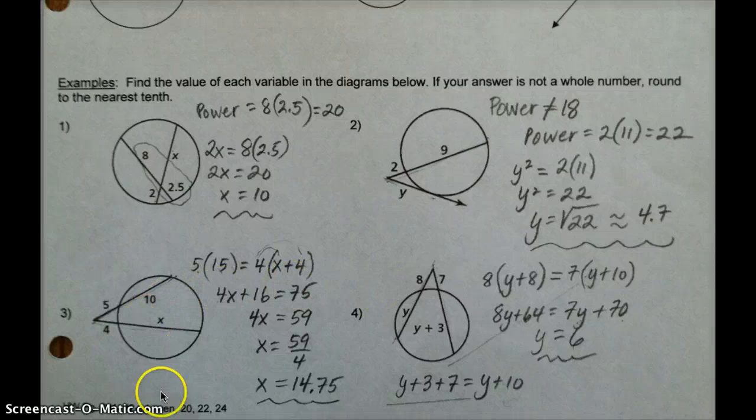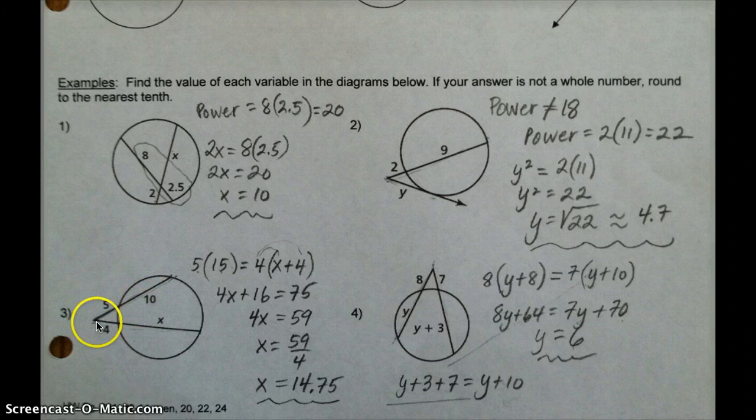Okay, now example 3 here, we're going to do 5 times, and then again we need to do this whole distance, 15. It's not going to be 5 times 10 because 10 isn't the whole distance from this outside point to the point on the circle, because the power is the distance from the point to a point on the circle. So it's going to be 5, this length, times 15, this whole length.